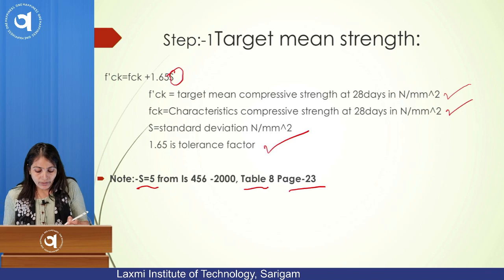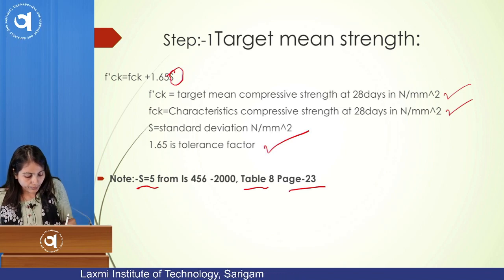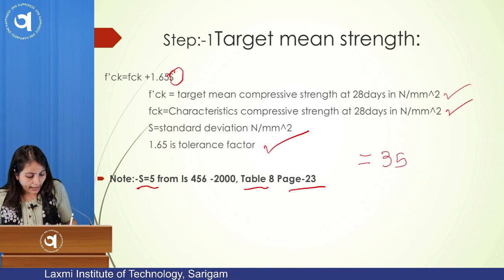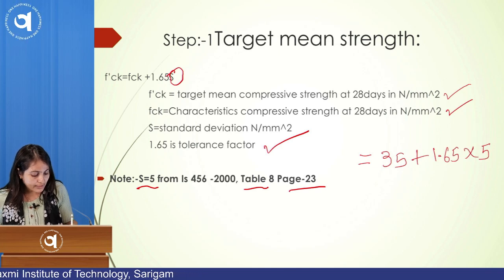So we can calculate here. We know that fck is 35 in the question, plus we have 1.65 into 5. So 5 is the standard deviation.